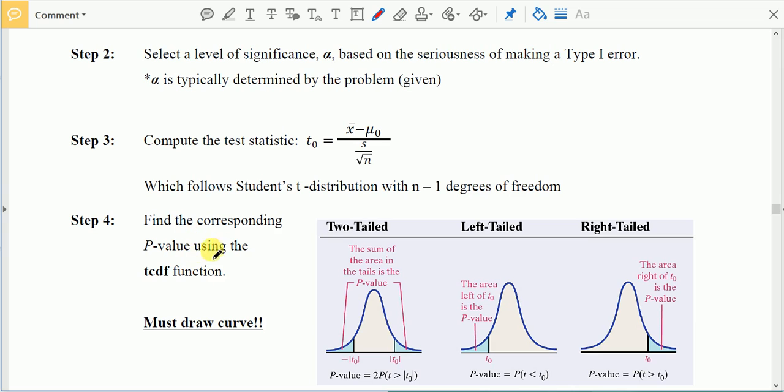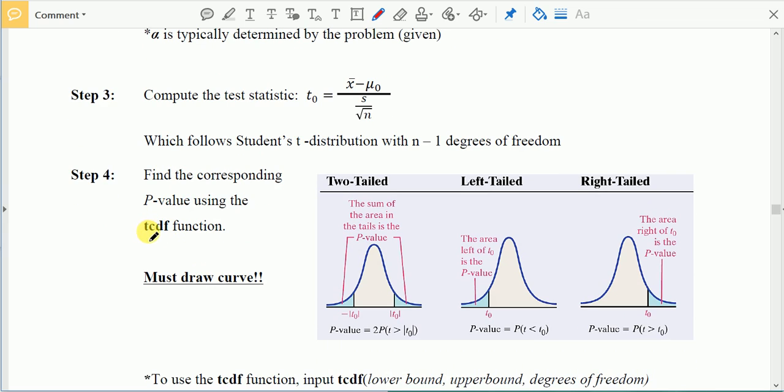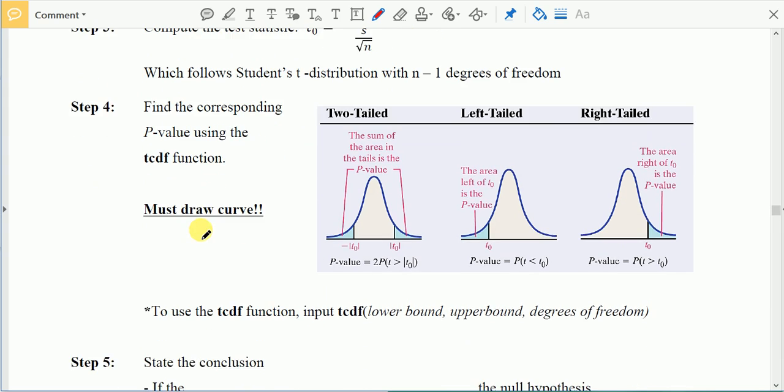Then find the p-value using the tcdf function on the TI-84; I'm not sure if the 83 has it, but the TI-84 should. For two tails, we take the area greater than T0 and multiply by 2 so that we double count. If T is less than T0, then we use the left area, otherwise we use the right area.